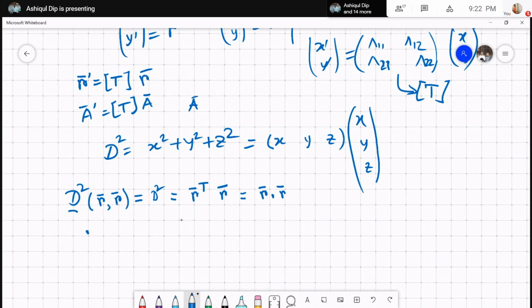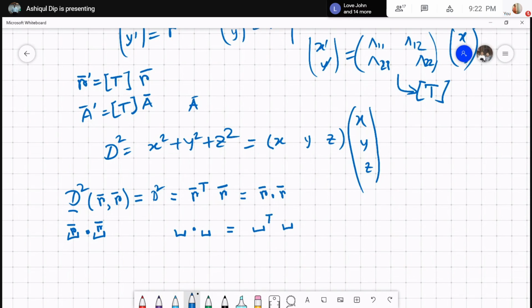Okay, so this dot is basically notation for this d squared. It has two slots: in one slot you substitute r, in another one you also substitute r, and get that number d squared. This dot product with two slots is defined so that for the first slot you take a transpose and multiply with the second one. This is the basic idea.